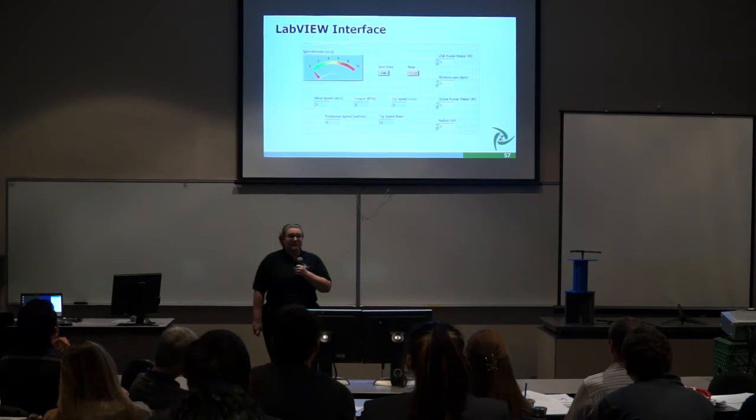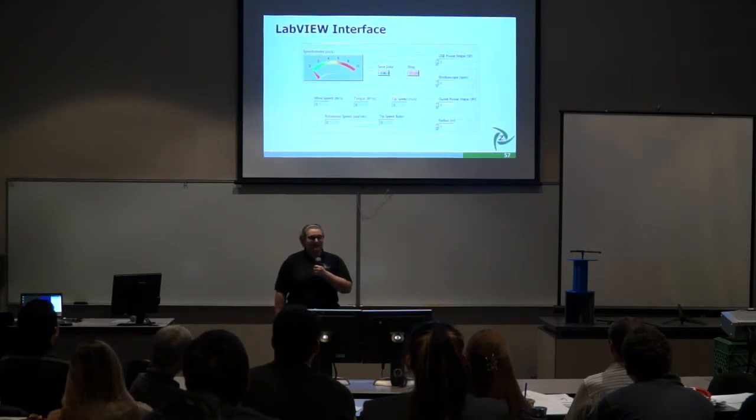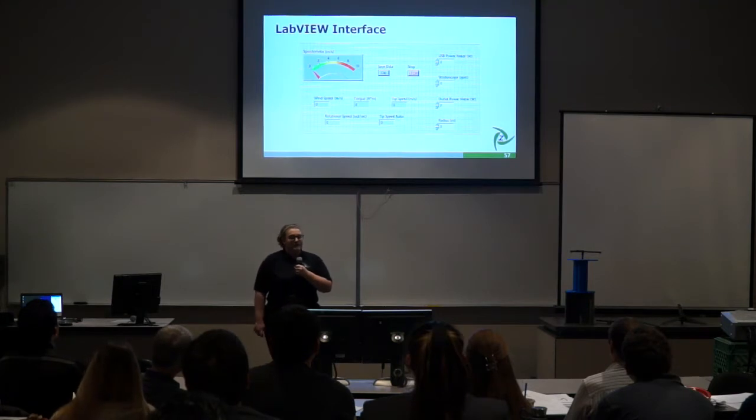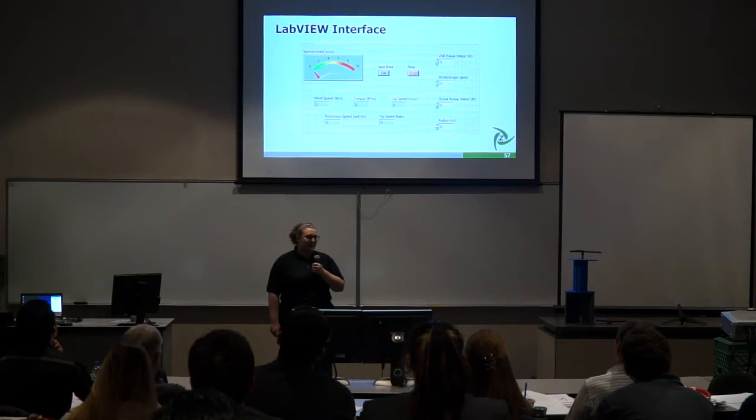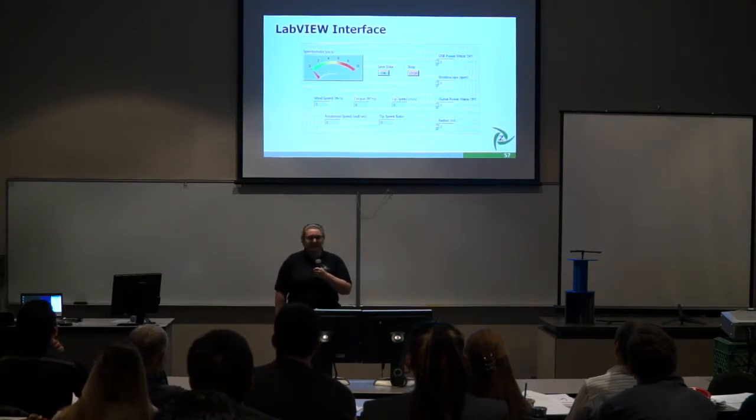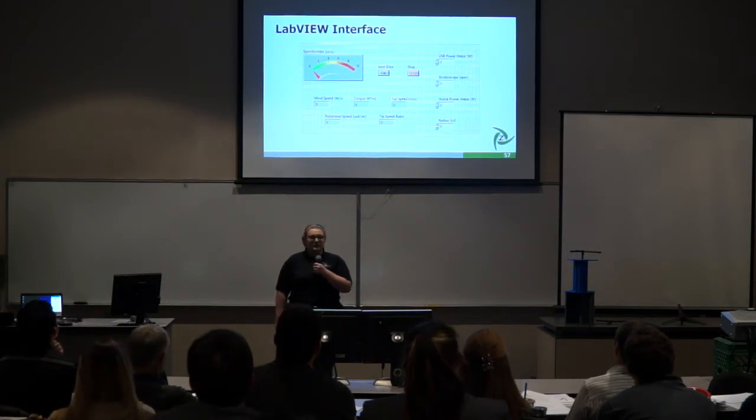This is the LabVIEW interface that Project Zephyr will see during testing. In the top left is a speedometer, where we will see the input speed from the anemometer in meters per second. As previously said, we're looking for 7 to 8 meters per second. On the right side of the screen are 4 places to input data.